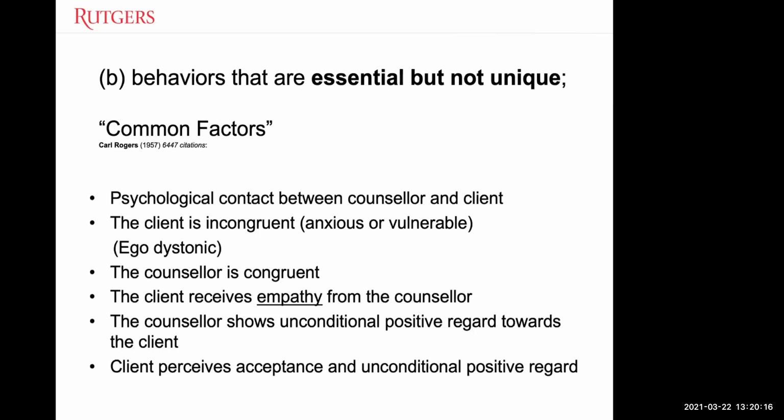Another term is ego dystonic, meaning they're kind of miserable, and that they're often open to receiving help, and on and on. So this idea that we can often get good outcomes by focusing on the common factors, by that therapeutic relationship, by being there and being authentic with our clients.